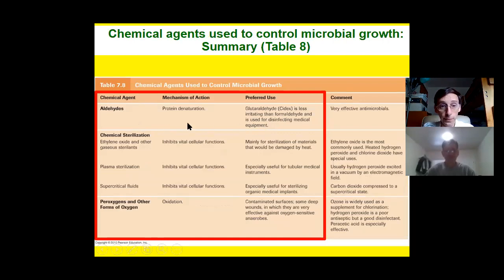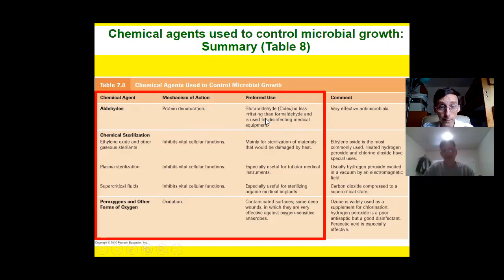Aldehydes cause proteins to denature. Examples are glutaraldehyde, like Cidex, which is less irritating than formaldehyde and is used for disinfecting mostly medical equipment.